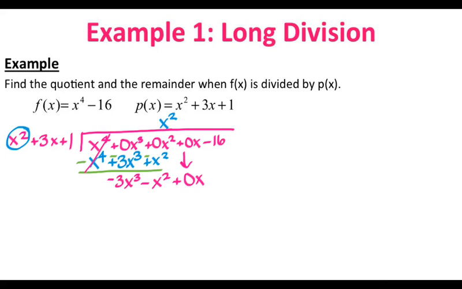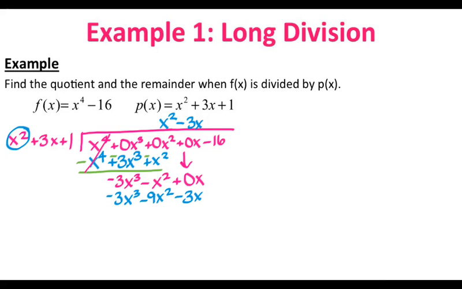So I'm trying to find what times x squared gives you negative 3x cubed, and that's negative 3x, and I'm going to put that on top of my x term, so minus 3x. I'm going to multiply my p of x by negative 3x, so negative 3x times x squared is negative 3x cubed, negative 3x times 3x is negative 9x squared, negative 3x times 1 is negative 3x.